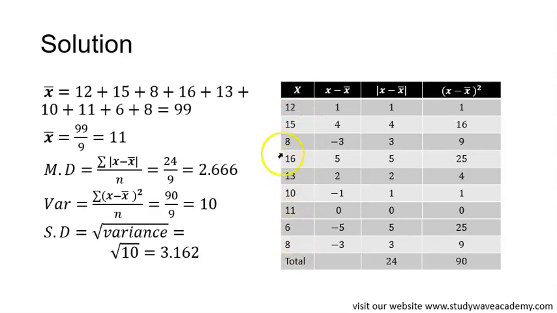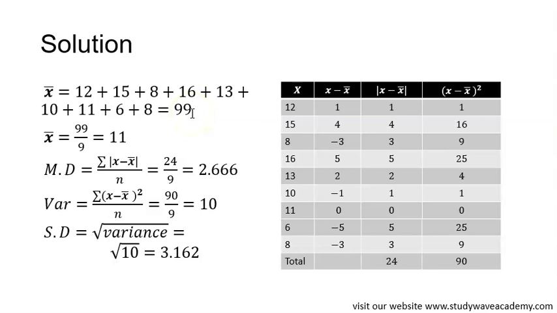We have 9 numbers here, so when we add them, we divide by 9. The sum is 12 plus 15 plus 8 plus 16 plus 13 plus 10 plus 11 plus 6 plus 8. When you add all these together, you get 99.